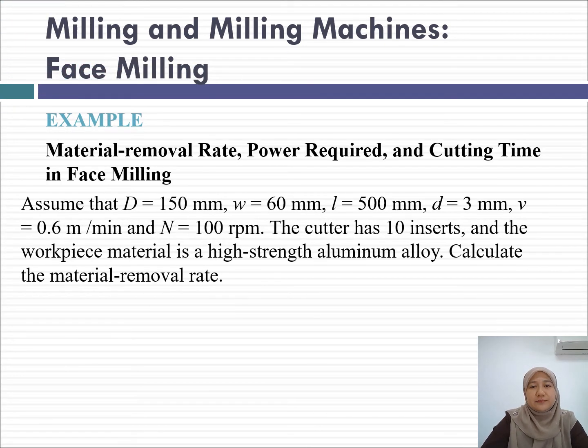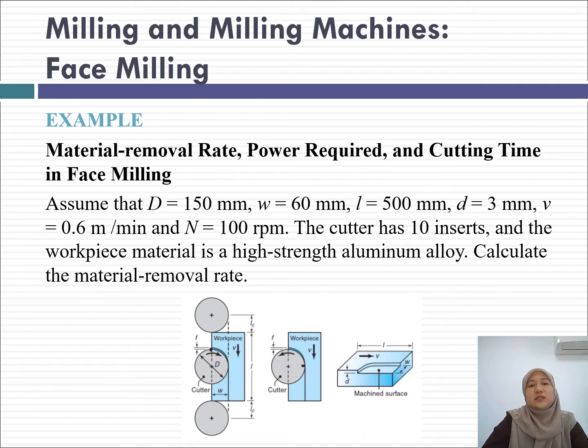Now, just now was peripheral milling, now for face milling. Assume that D, the outer diameter, is 150 mm, the width of the cutting is 60 mm, the length of the workpiece given is 500 mm, the depth of cut is 3 mm, and V, the cutting speed, is 0.6 meter per minute, and N, the spindle speed, is 100 revolutions per minute.